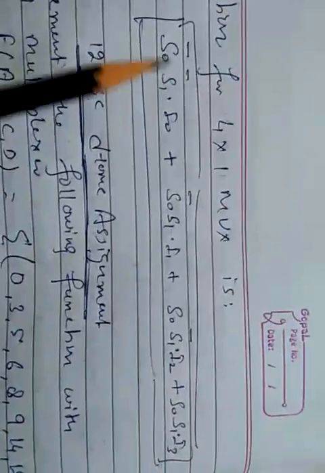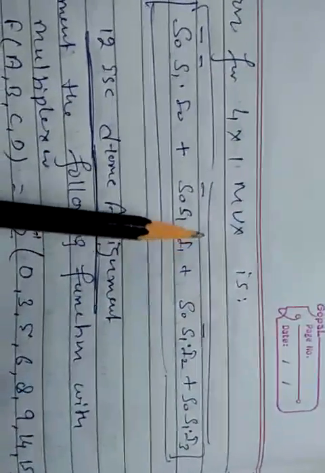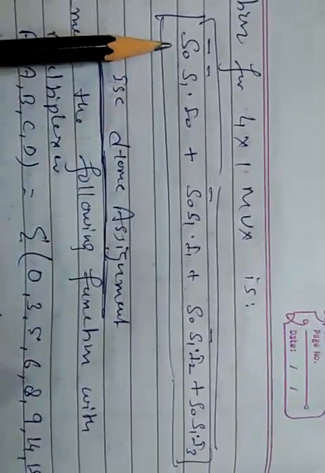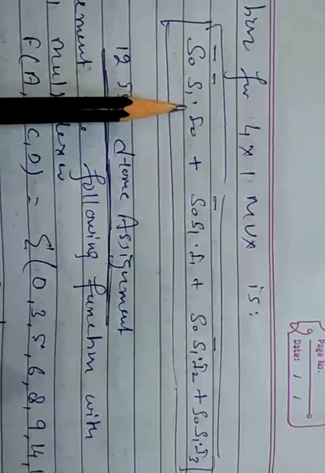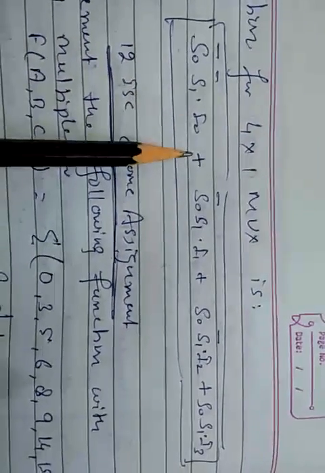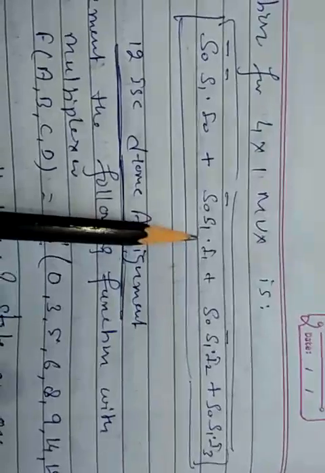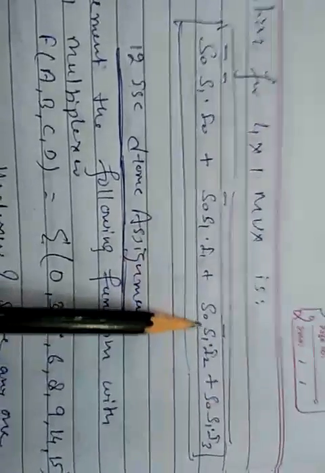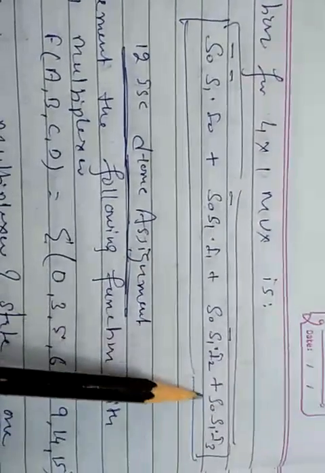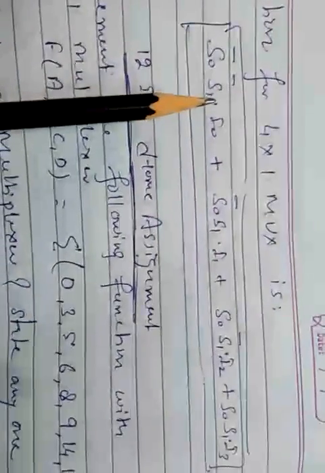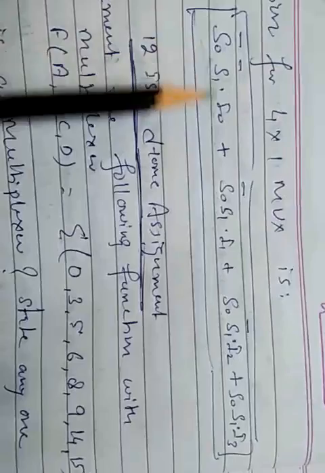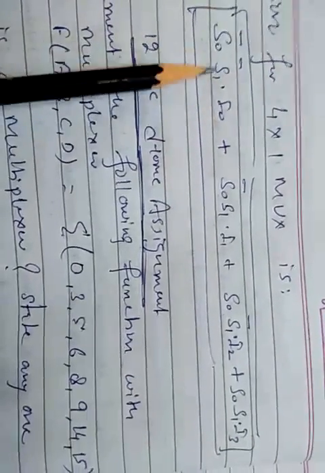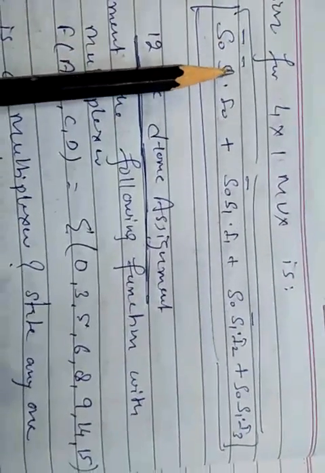Now the 4 into 1 multiplexer equation will be S0 S1 multiplied by I0 plus S0 S1 multiplied by I1, S0 S1 multiplied by I2 plus S0 S1 multiplied by I3, and we will mark the bar on the respective positions, such as the binary number of 0 is 0 0, so both bars will be used here.